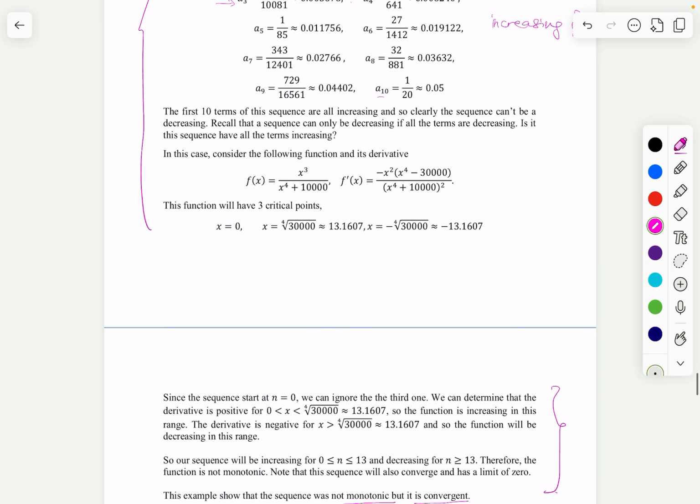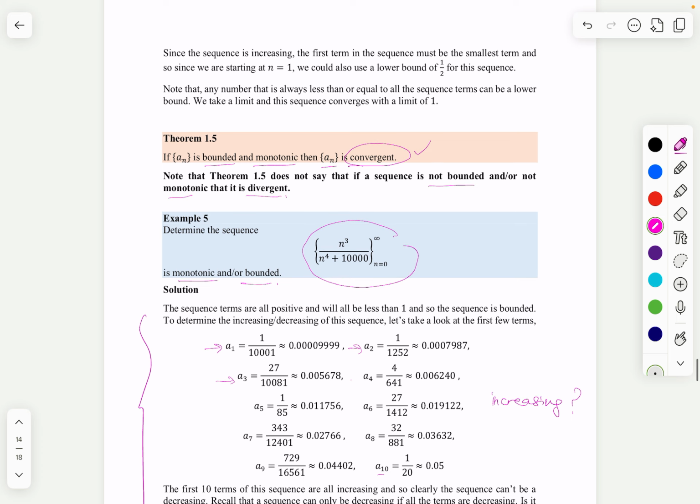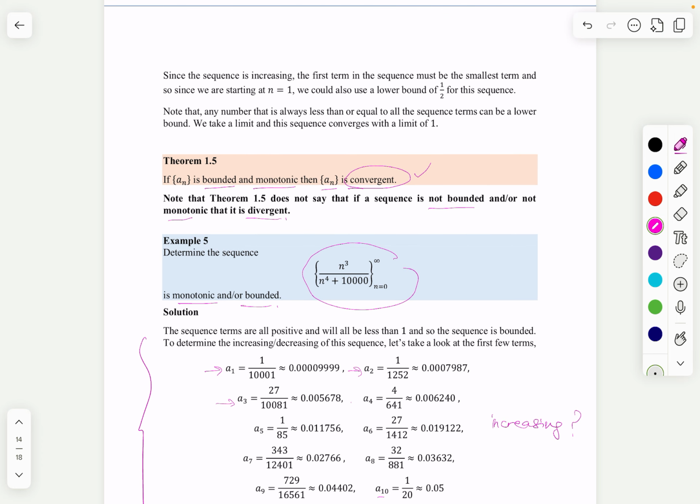So this is the way you determine if a sequence is monotonic and/or bounded. Since this sequence is not monotonic and bounded, the theorem does not say that if a sequence is not bounded and not monotonic, then it is divergent, because in this case we found out that it is also convergent.